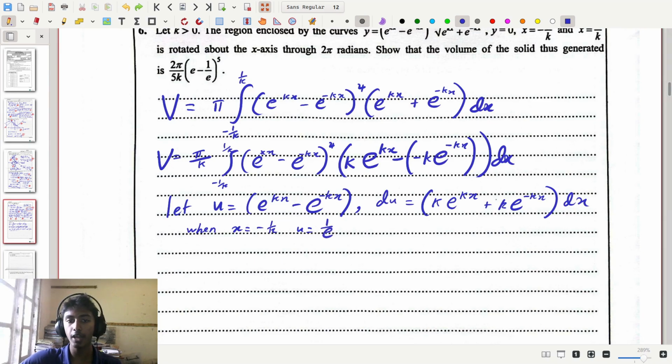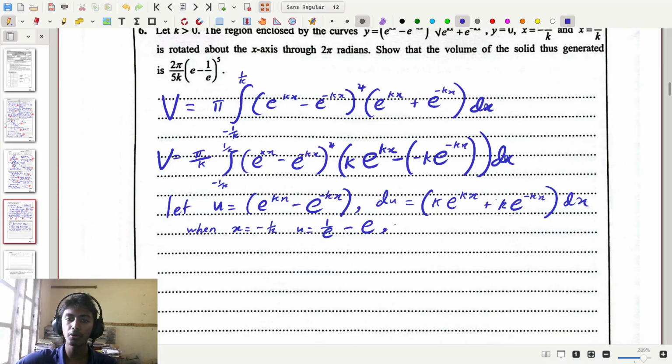And on the other side we have minus e to the minus k times minus 1 divided by k, which is going to cancel out to just 1, since minus k times minus 1 divided by k is going to equal 1. So we have e to the power of 1. So we have 1 divided by e minus e to the power of 1, or just 1 divided by e minus e. So that's going to be the lower bound.